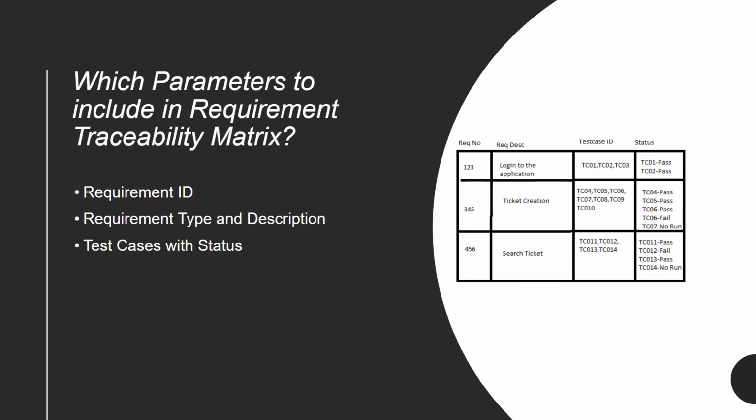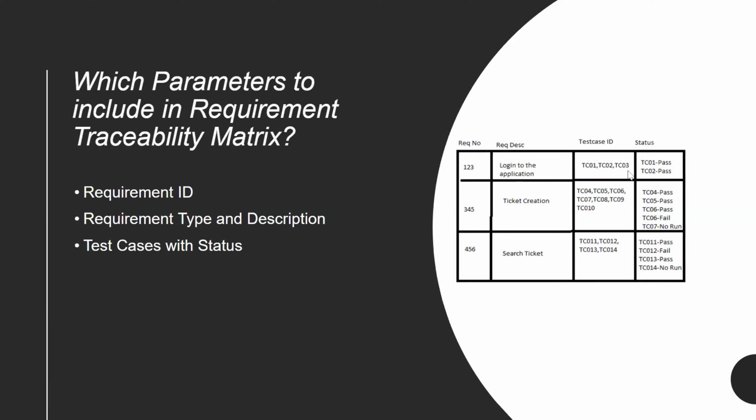So which parameters do you include in the RTM? You can include the requirement ID, like the IDs we have, as we were using Amazon for our test case that we're doing now. We're looking at the Amazon platform, right? So you can include the requirement ID, the requirement description, the test case ID, and then the status, is it pass or fail?